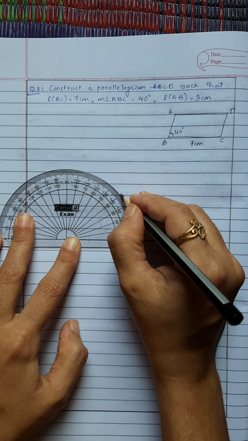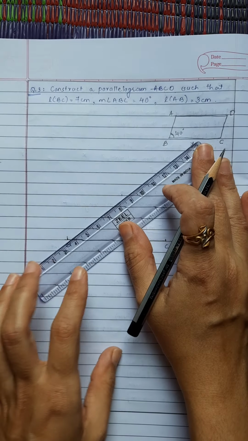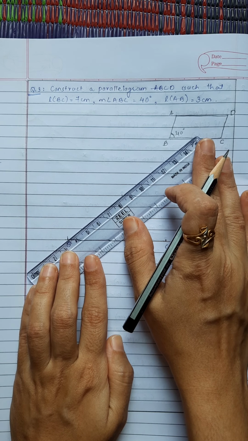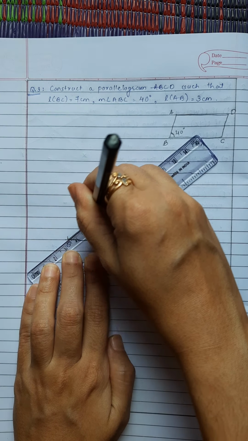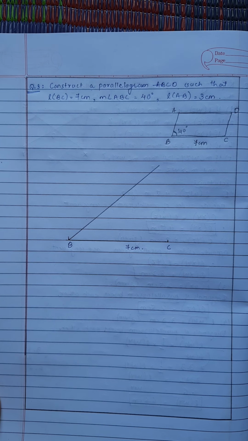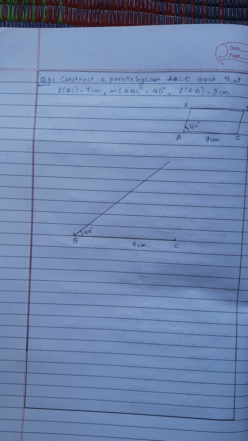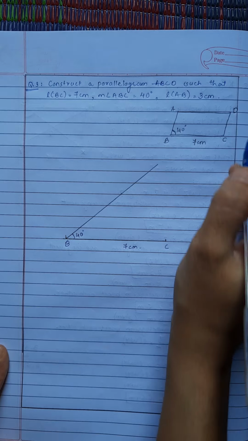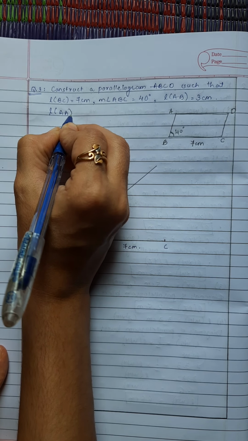40 degrees means here. So using the scale, join the point we got now and vertex B. This is 40 degrees. One more information given in the question is length of AB is 3 centimeters.